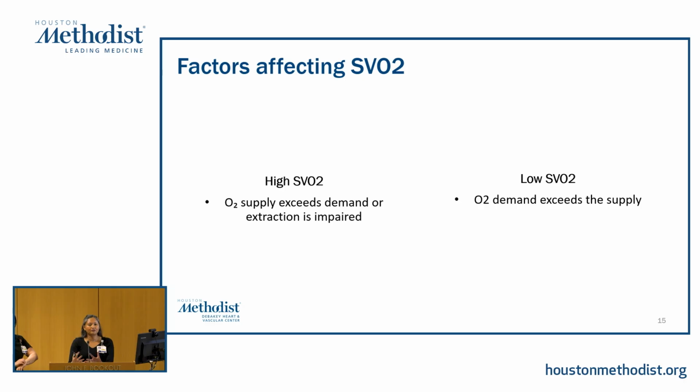So think if you're mechanically ventilated and your FiO2 is 100%, you may not necessarily need that 100%, so your SvO2 will read high. Low SvO2 is when your oxygen demand exceeds your supply. The easiest way to think of that is if you're bleeding or you're anemic. Your demand is going to exceed the supply.